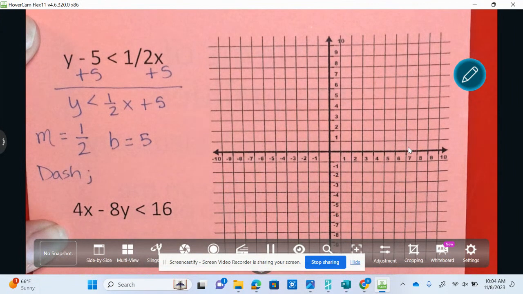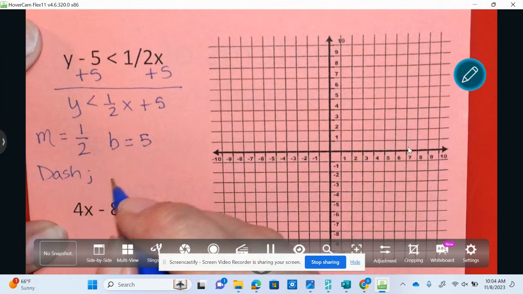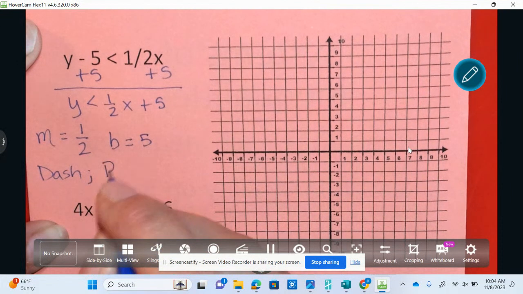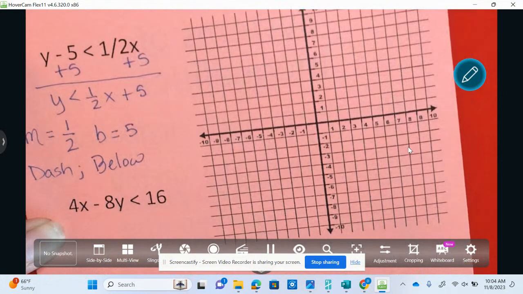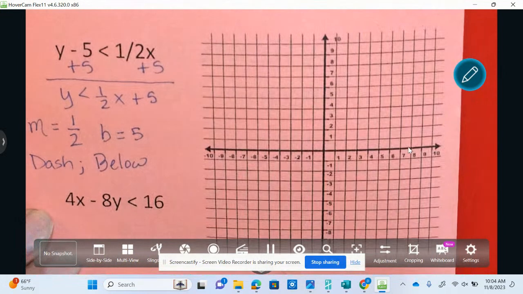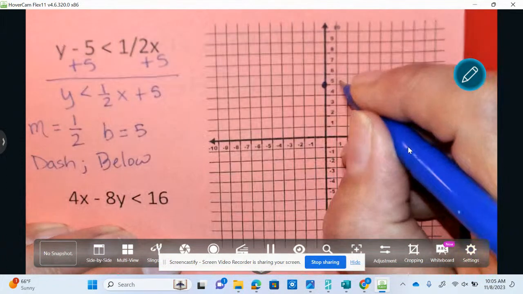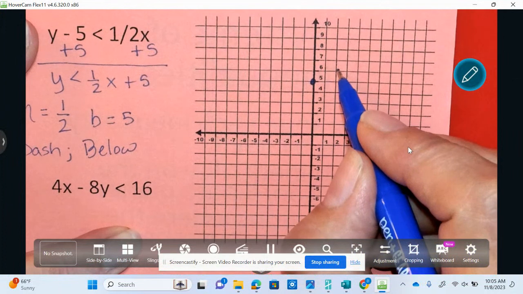Am I shading above or below? What do you think? Below, because of the less than. Where am I going to begin, Will, when I graph this? Good job. 1, 2, 3, 4, 5 on the y-axis. Slope of 1/2. Up 1 to the right 2.